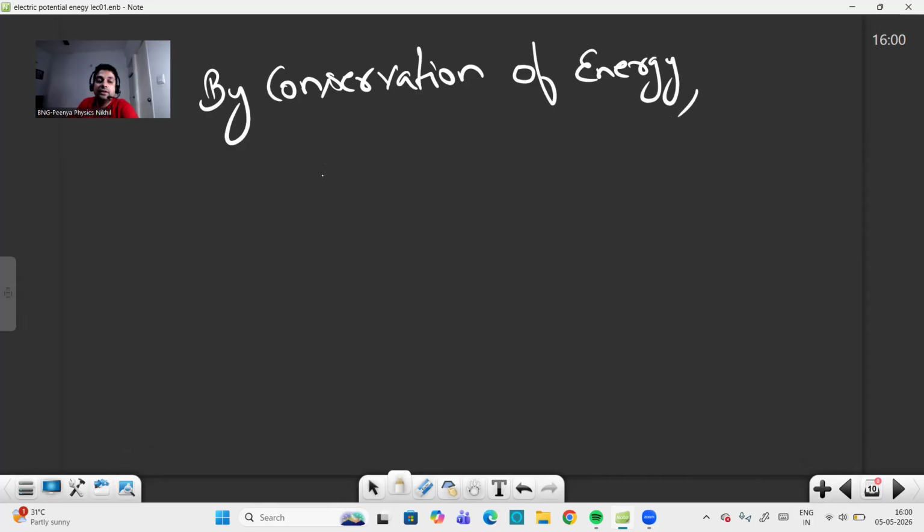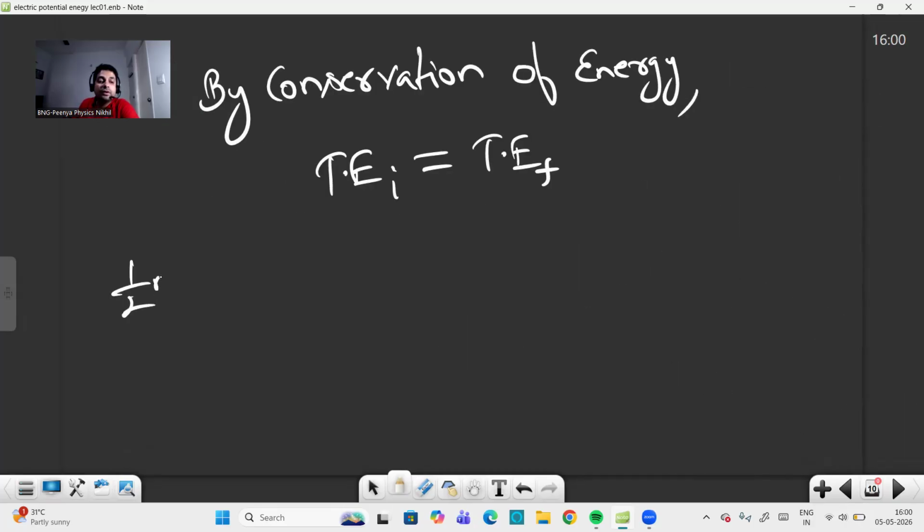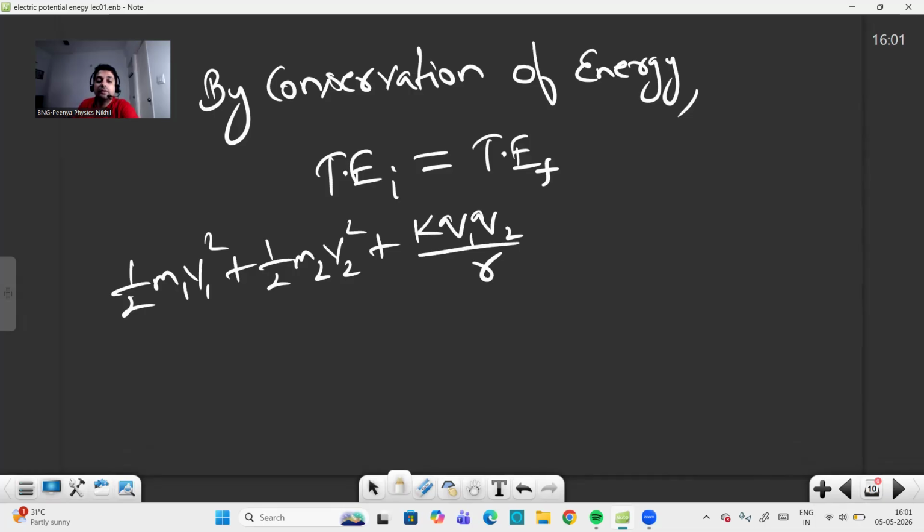So by conservation of energy, total initial energy equals total final energy. So what is the total initial energy? Half m1 v1 square plus half m2 v2 square plus k q1 q2 by r. Correct?